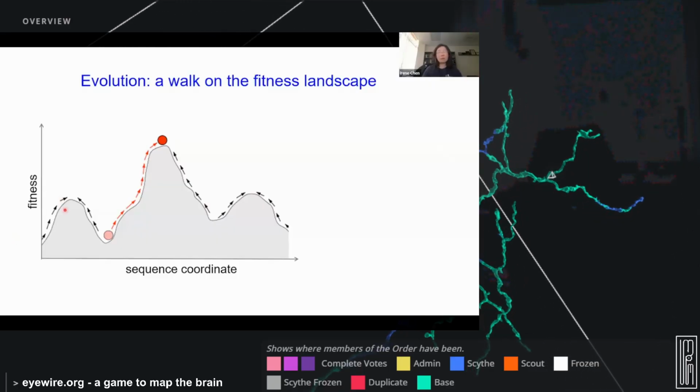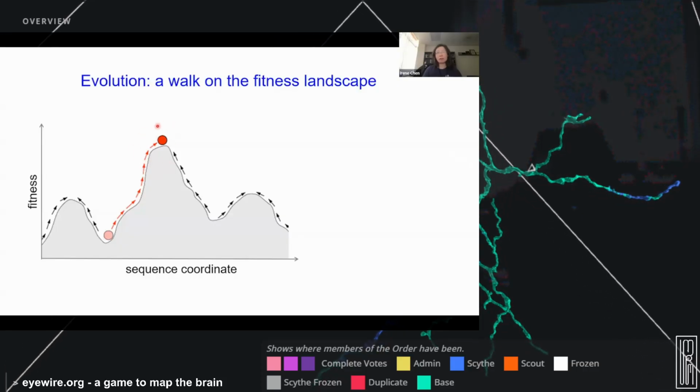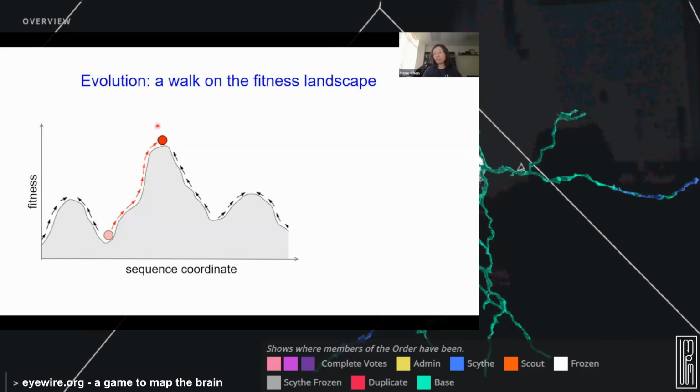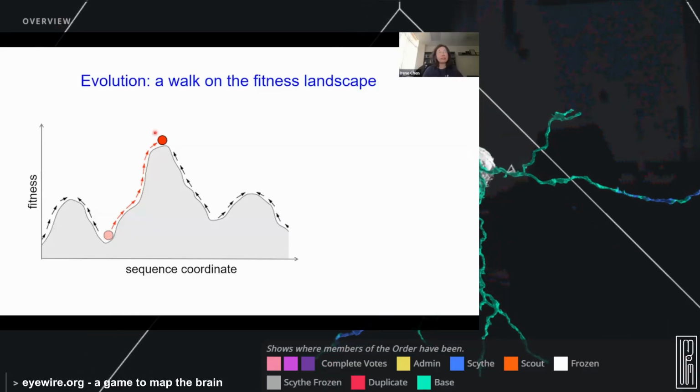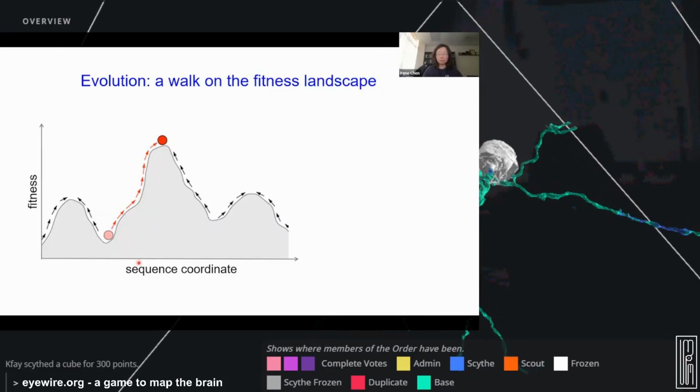On this landscape, you have high areas, peaks, which correspond to highly active or highly fit sequences, and lower areas that are inactive sequences.